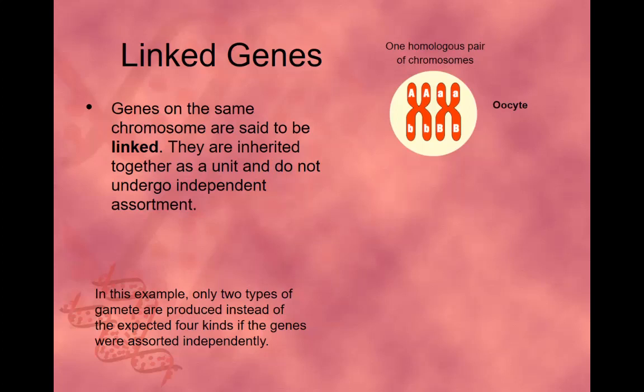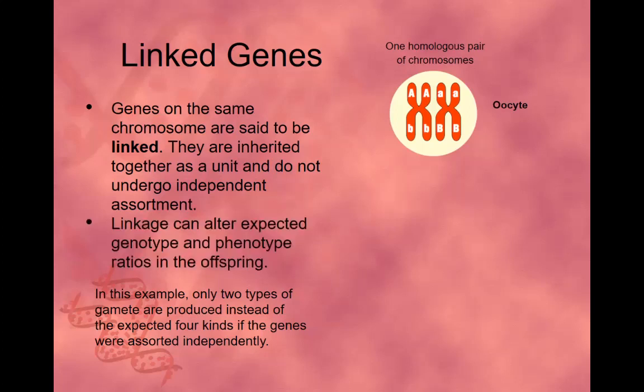Now, this is going to change our inheritance patterns. You're not always going to have the 9 to 3 to 3 to 1 that we saw in our activity yesterday with a dihybrid cross, because you're not really going to inherit big A with big B; they're physically connected together, big A to little b.